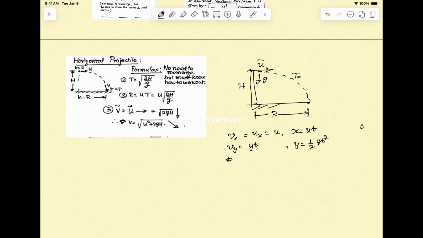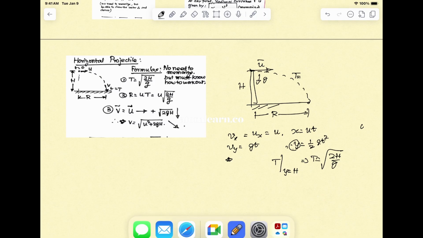Then what is the time of flight? T is when the y coordinate becomes equal to h. That means t equals root of 2h by g. Why? Because substituting h for y, t squared becomes 2h by g, therefore t is the square root of 2h by g.